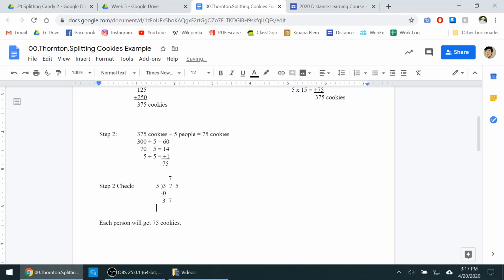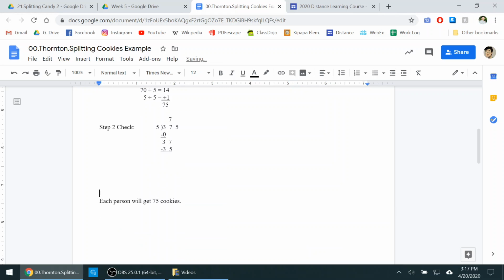Let's try that again. Put our subtraction sign there. There we go. Okay, underline that. Let's move that down a bit. Okay, 37 minus 35 is 2.